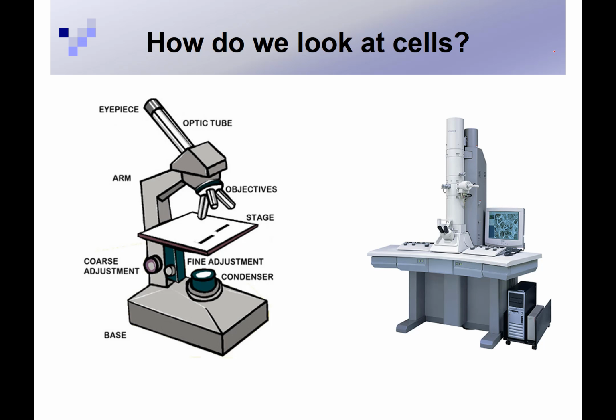All right, so the two general types of microscopy I want you to understand is this guy that you have used, I'm sure, before in some type of biology lab, the light microscope. It's also called bright field. Okay.